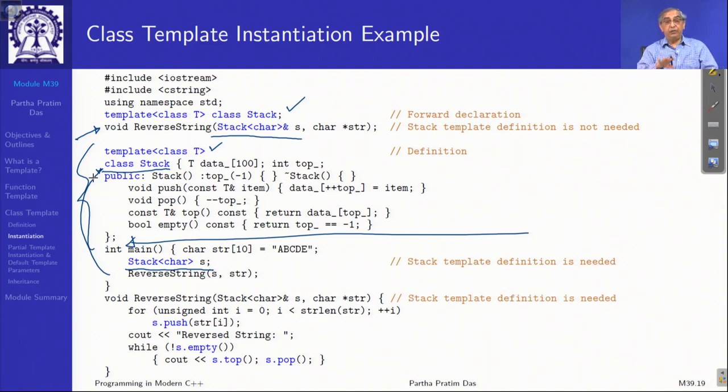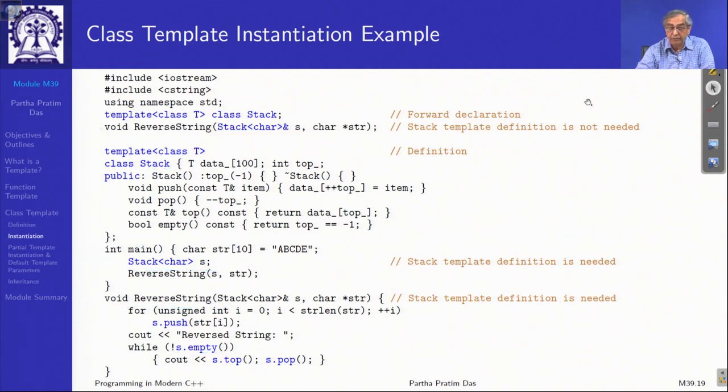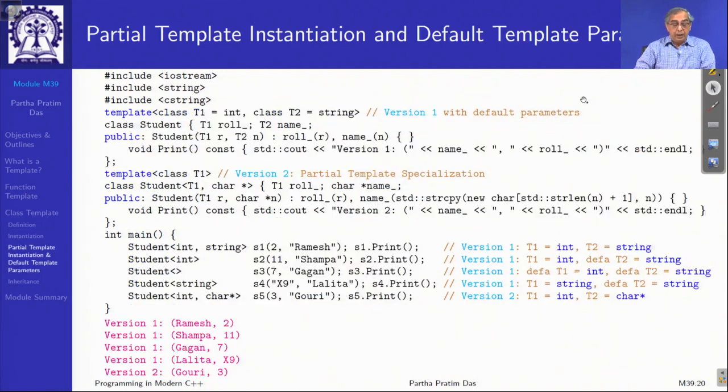Had this definition not been given, I would not have been able to do this. Similarly, I can implement the reverse string function, which is invoking various stack methods, and I am able to do this because I have already defined it. With just the forward declaration, I would not be able to do that. So, that is the basic process of class template instantiation, and you have seen a simple but complete example for that.